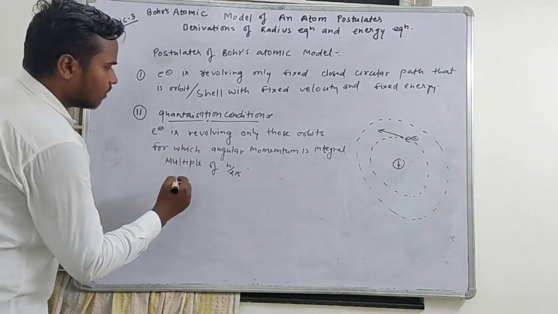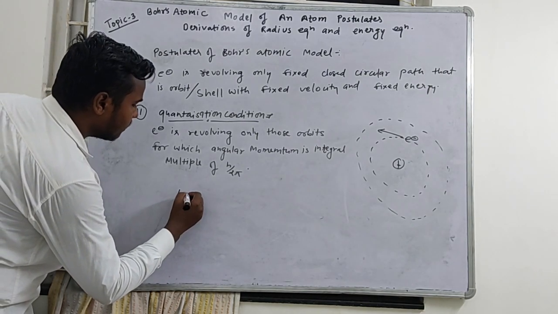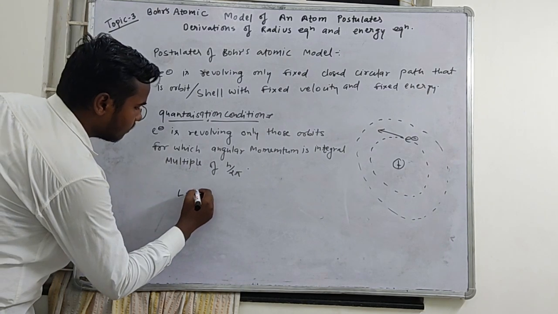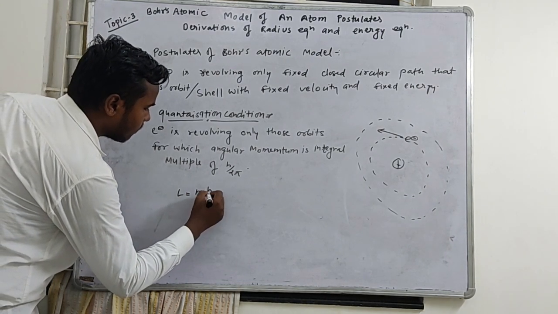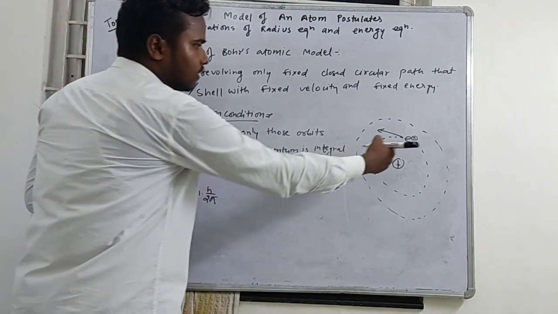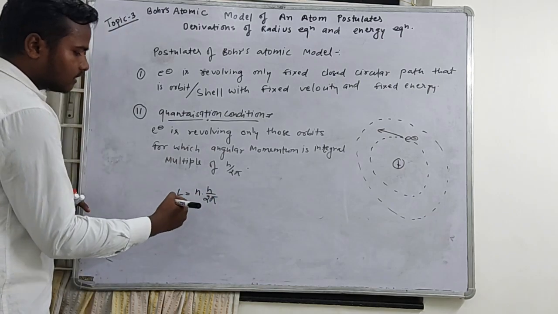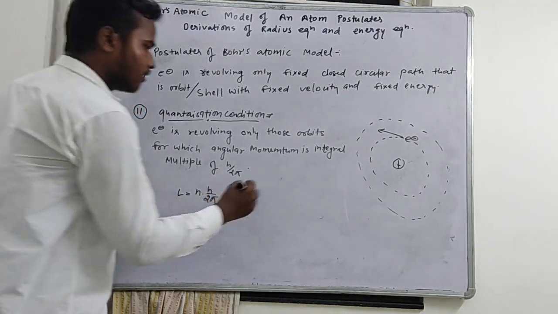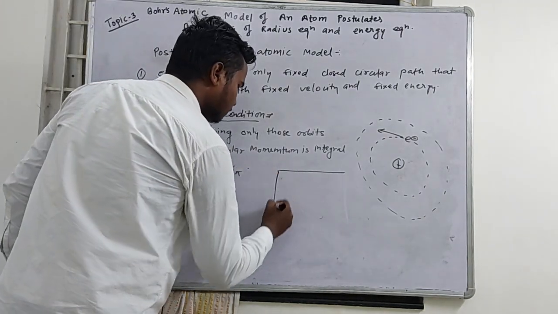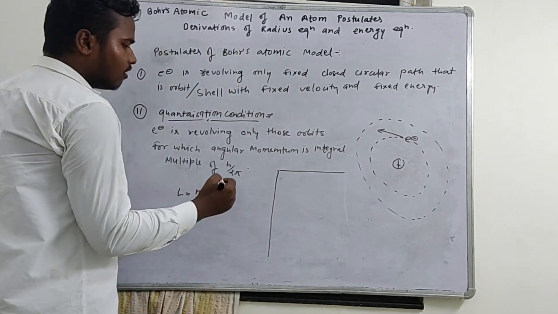Means if we denote angular momentum by L, then L will be n into h upon 2 pi. What is n? n is the orbit or shell number, and h is the Planck constant. And what is L? L is the angular momentum.